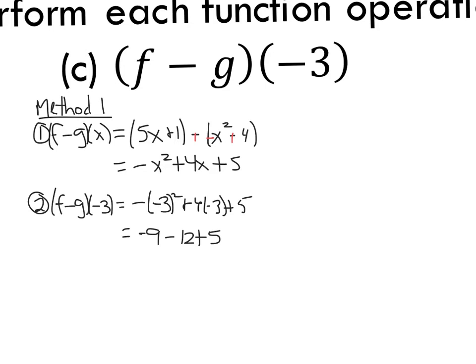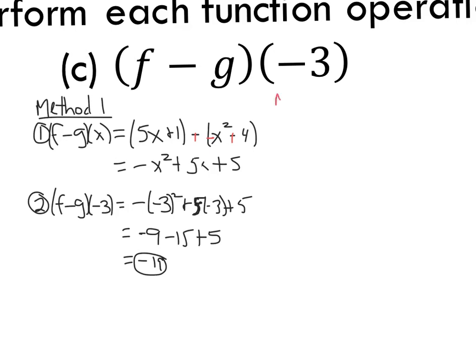Hold on. Oh my goodness, you guys, you didn't even catch my mistake. This is a 5. And so this is a 5. And so this is negative 15. Whoopsies. Okay, and this gives us a negative 19.